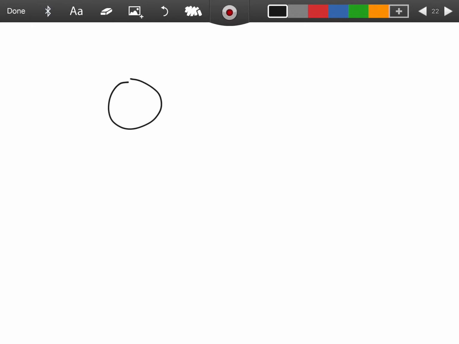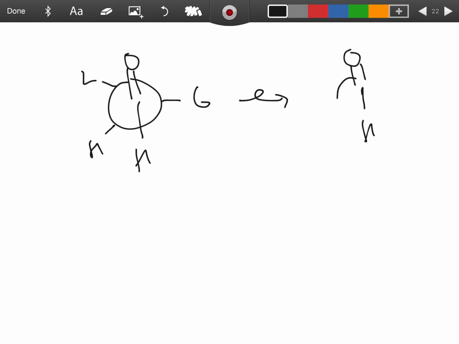So let's say you've got your Felkin-Anh model, you've got your G group here, you've got your H, your smaller group, and then you have your larger group. You could have this, or your G group could flip, right? You could rotate around, and you could put your G on the other side, with large and H.